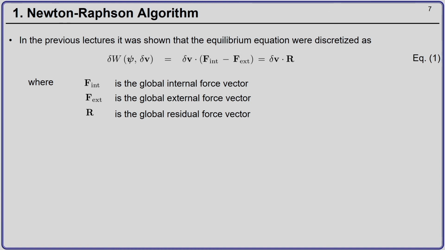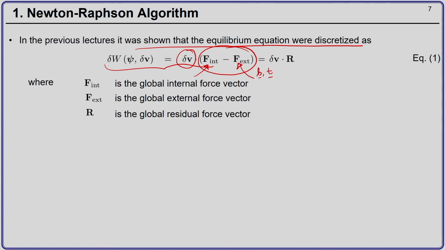So, in the previous lectures, we had shown that the equilibrium equation can be discretized as del v, which is the virtual velocity, dot with the difference of the internal and the external forces. Okay. So, the internal forces come because of the stresses generated inside the body, and the external forces come because of the body forces and applied surface tractions.